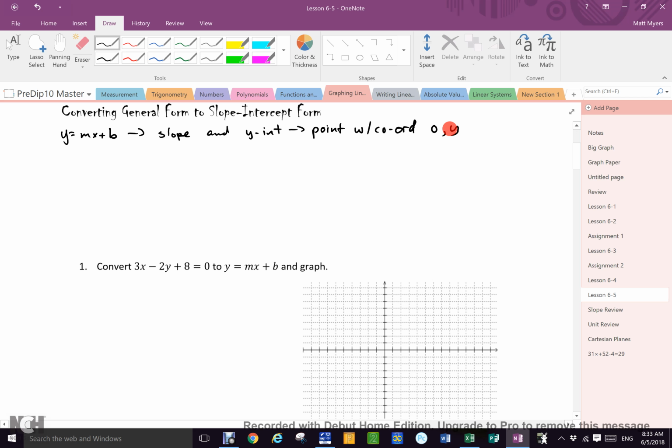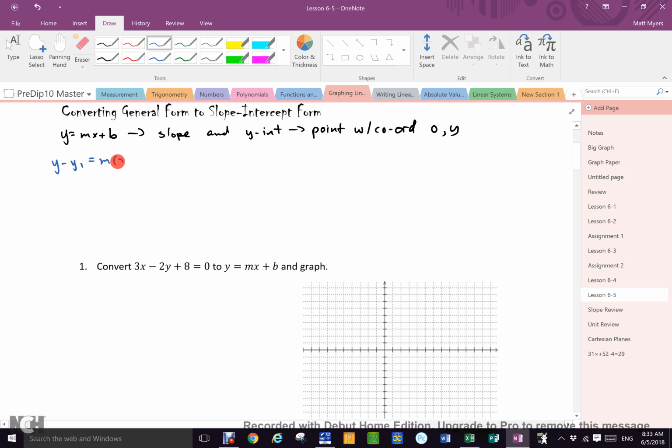Correct? So really, y equals mx plus b is really just point slope form, isn't it? Because we're given a point, the y-intercept, and a slope. Agreed?